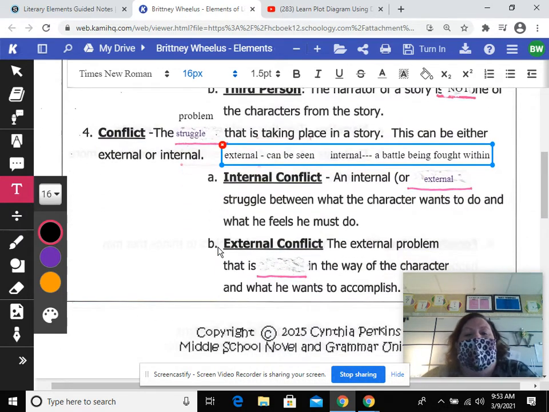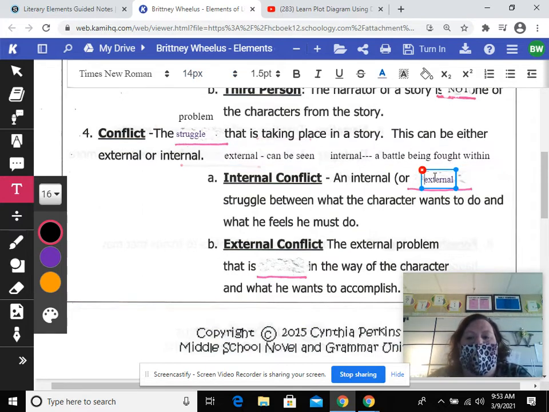Internal conflict: an internal or emotional struggle between what the character wants to do and what he feels he must do.